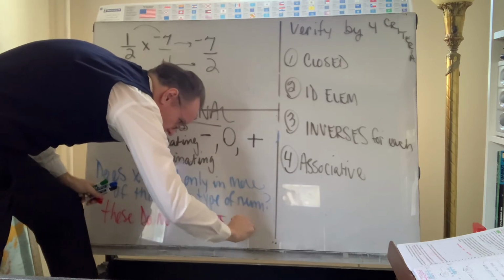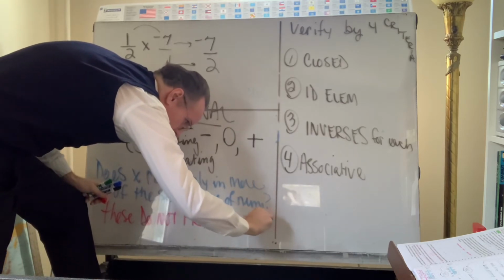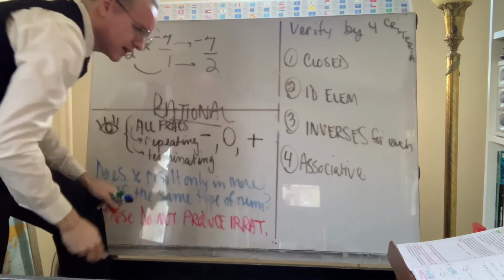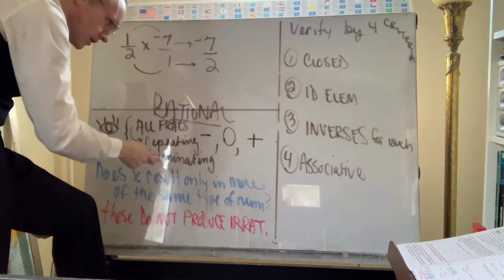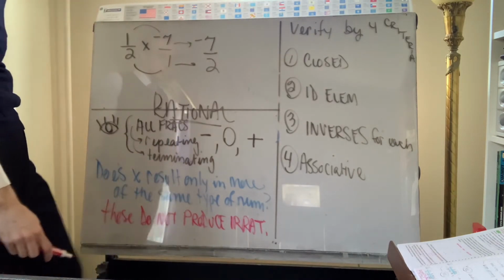If it makes it easier to think about it that way, you're not going to get any random square roots from multiplying these types of numbers.